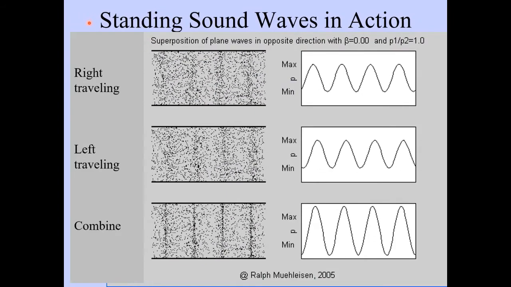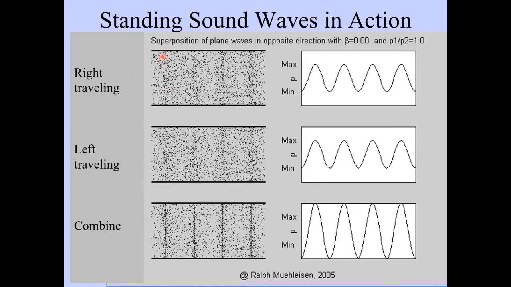One of the most fascinating effects of standing waves are acoustical standing waves, which are standing sound waves. We can see how it works with this animation. This picture on top is a right traveling sound wave. Remember what sound is: it's basically vibrations of the air molecules forming compressions, which are these dark regions where the molecules are closer together, and rarefactions in between.